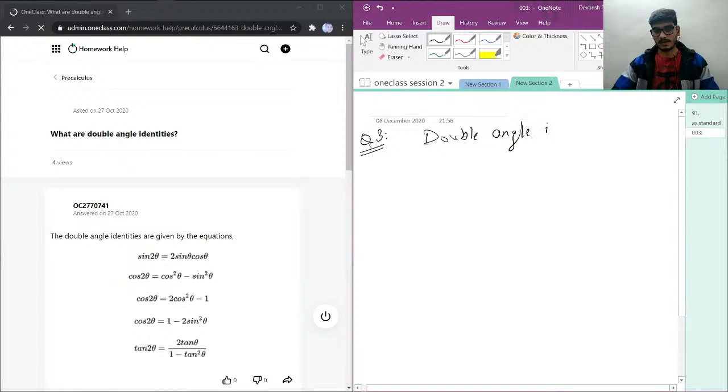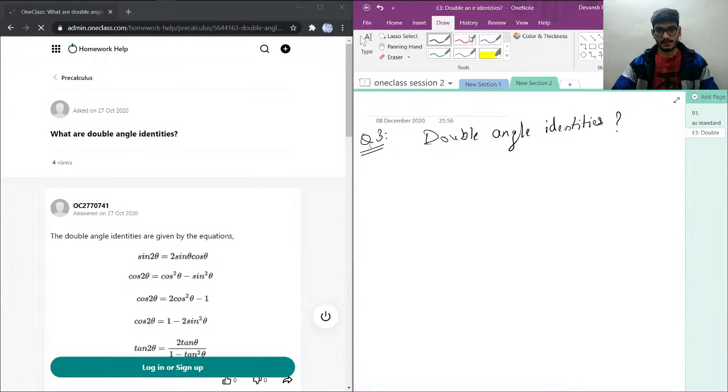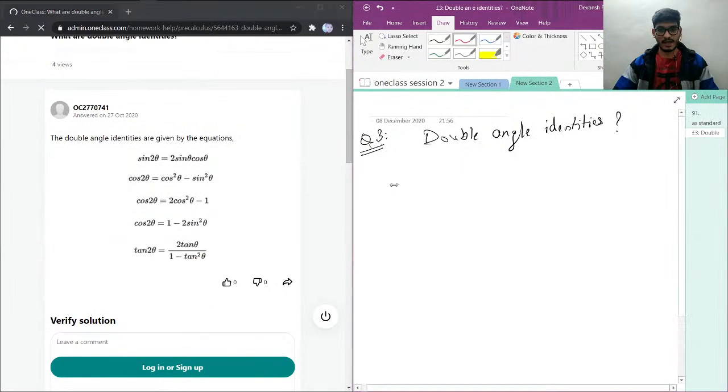Double angle identities. Suppose I want to calculate sine of 60 degree, and I have the value of sine of 30 degree, which is 1 by 2, and we have cosine 30 degree, which is root 3 over 2.